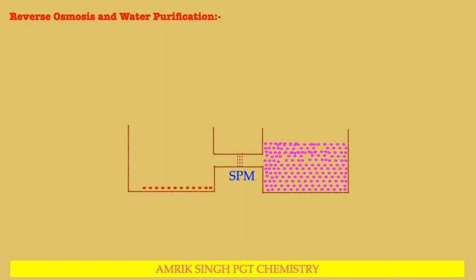In the second beaker, there is the solution. You are seeing the solution filling in the second beaker, and the semi-permeable membrane is also shown here. There are two beakers separated by a semi-permeable membrane as shown.